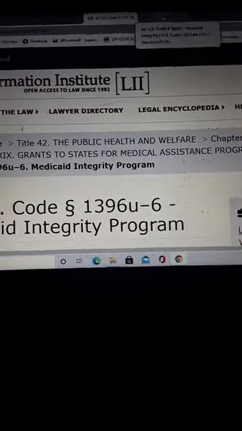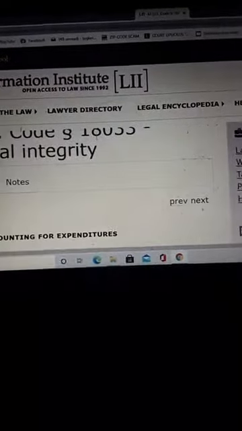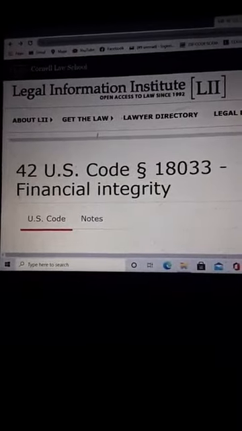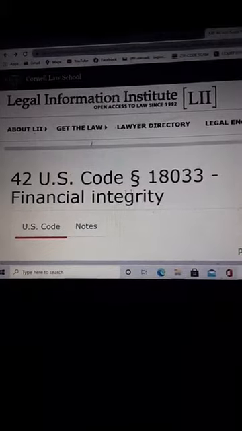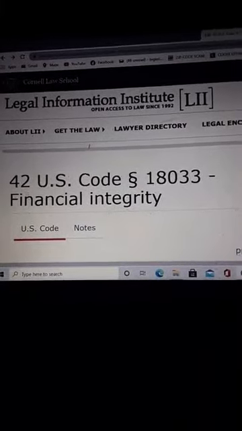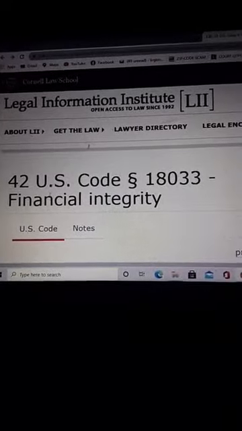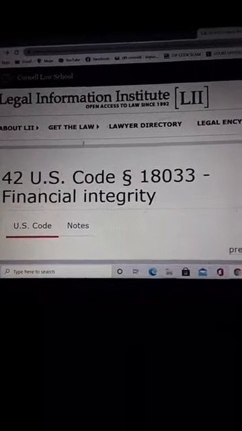But look here. I found another one on integrity, and it's called financial integrity. So we're not talking about Medicare or Medicaid now. We're now talking about financial integrity.